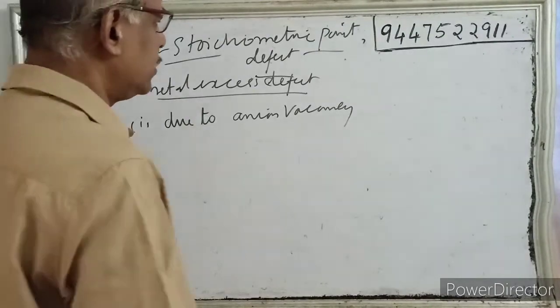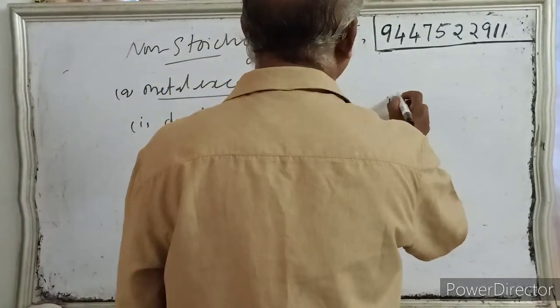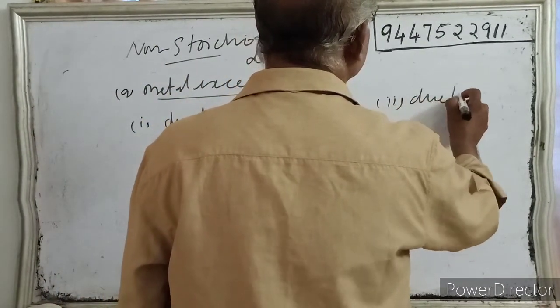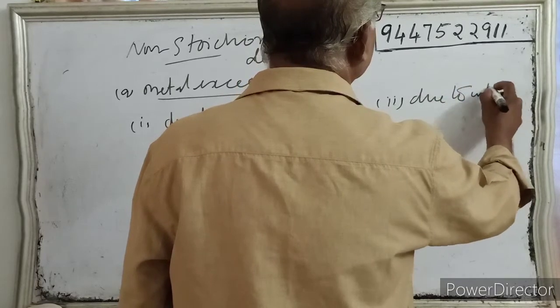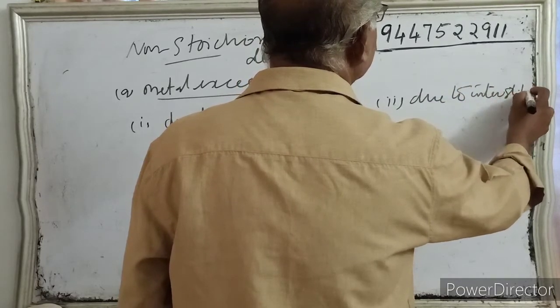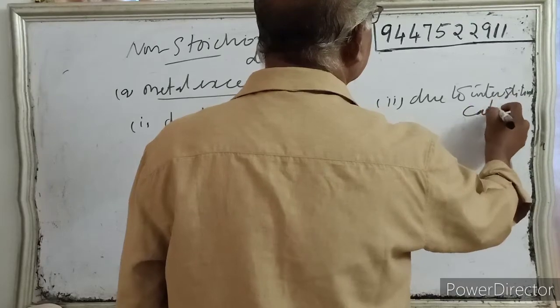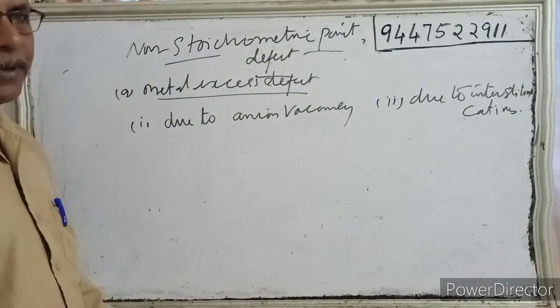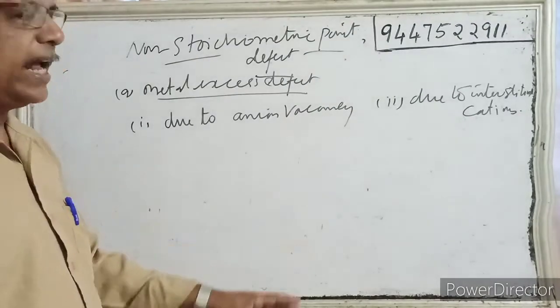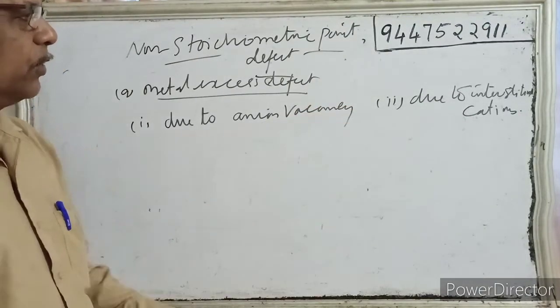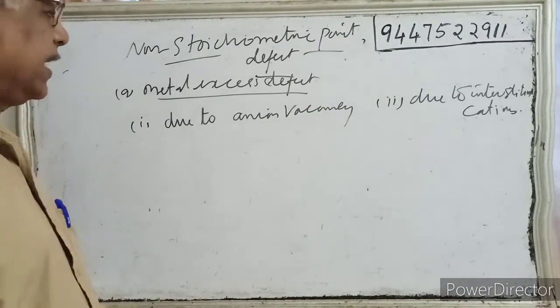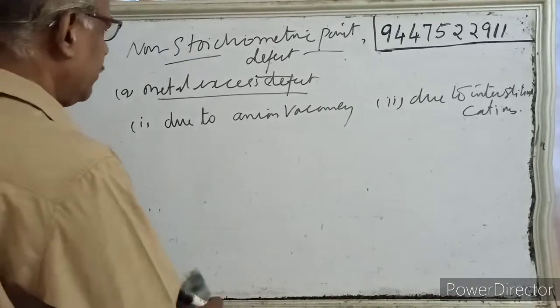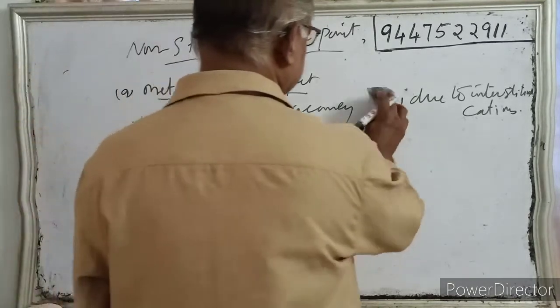And second is due to interstitial cations. Metal excess defect can occur because of two reasons: one is due to anion vacancy and two due to interstitial cations. So first you have to study due to anion vacancy.